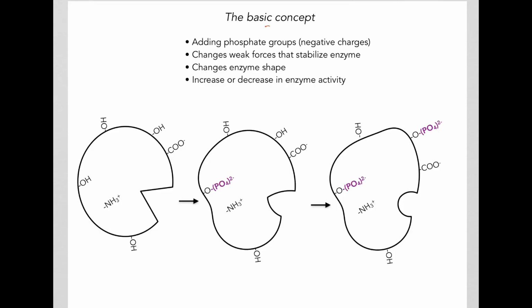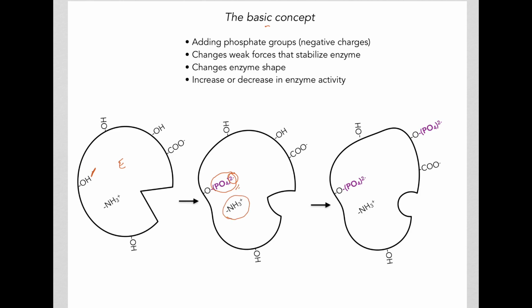The basic concept of phosphorylation is relatively straightforward. For example, here we have a non-phosphorylated enzyme. Suppose now we added a phosphate to this hydroxyl group. Remember, phosphate gives us negative charges, so this area will be negatively charged. And let's say there were some positive charges nearby.